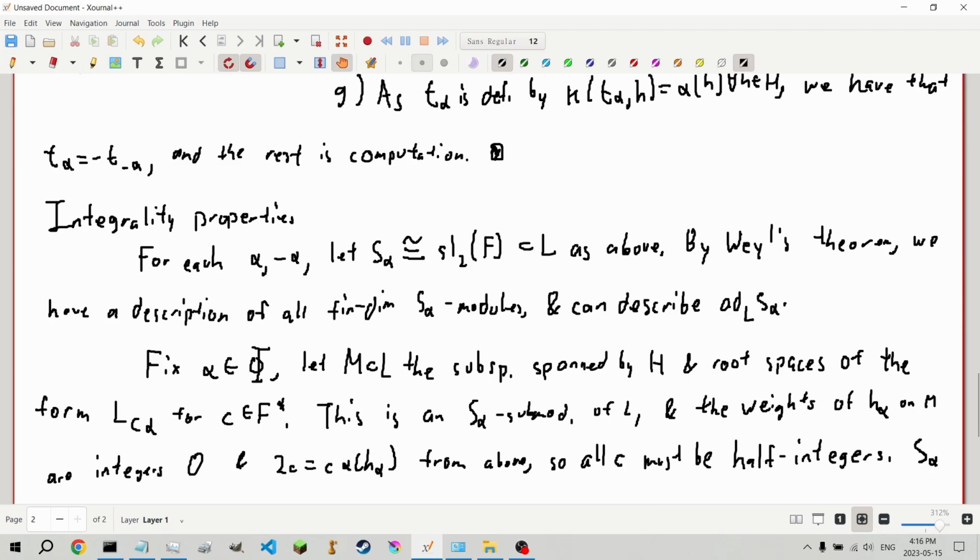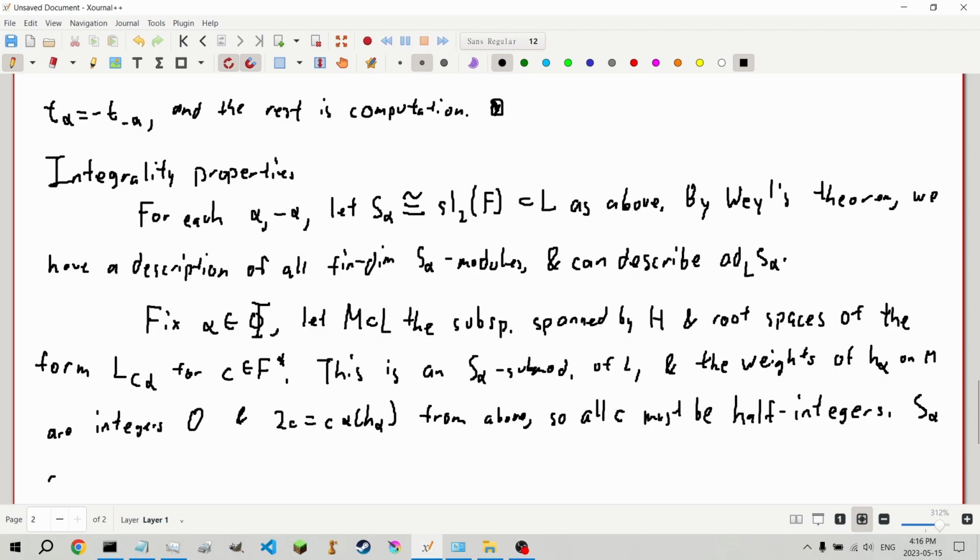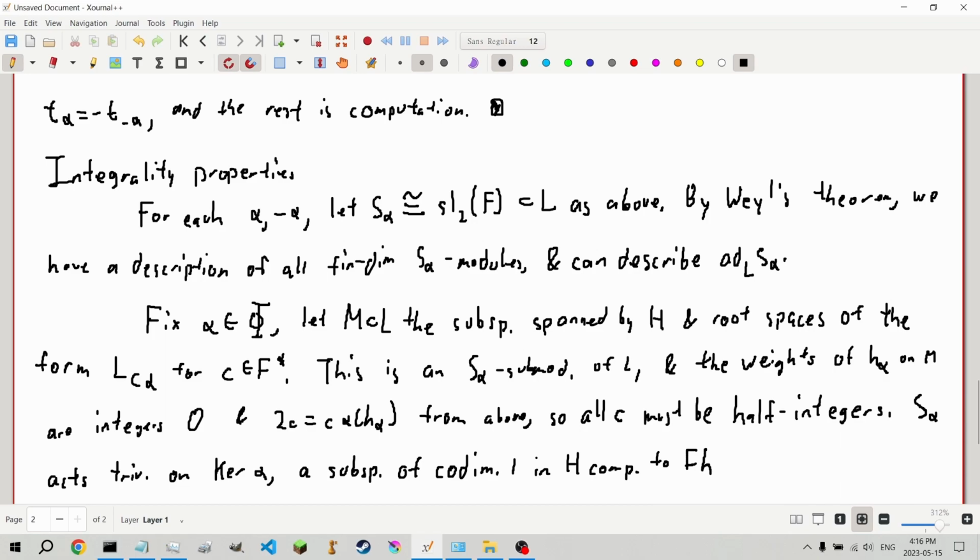You know, S alpha acts trivially on its kernel, obviously, the kernel of alpha, which is a subspace of codimension 1 in H, complementary to F times H alpha.